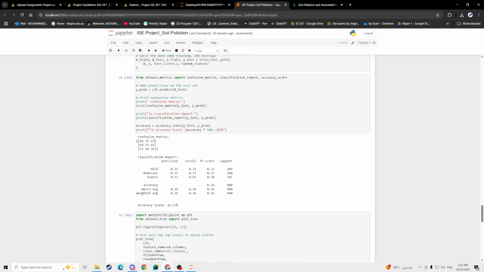As you can see here, from the printed results, the precision, recall, F1 score, and support for this data is not the most accurate. It achieved an accuracy score of 36.17%.